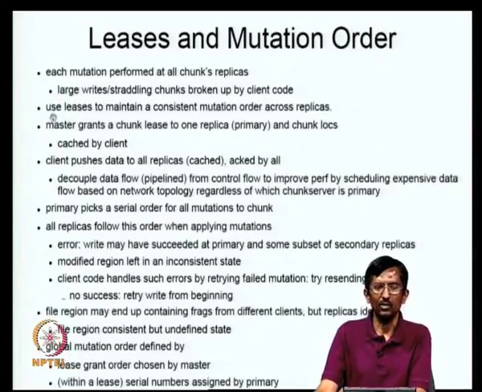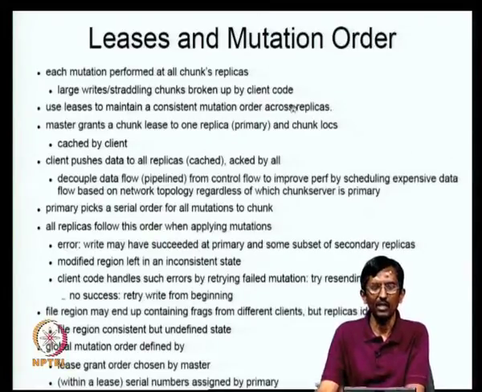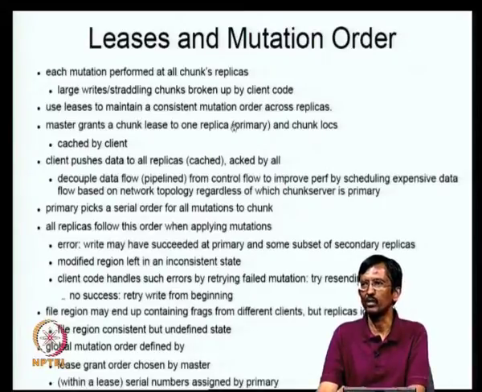It uses leases to maintain a consistent mutation order across replicas. The basic idea is you have a primary replica, and the primary decides in which order the updates are done. If the primary fails, the lease will get broken. What's a lease?